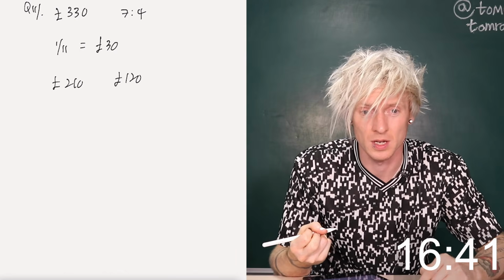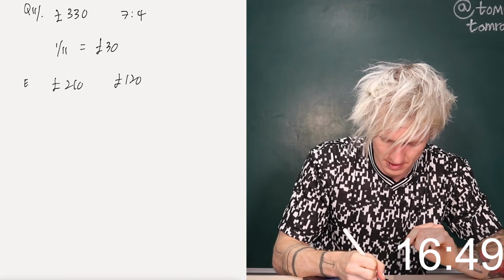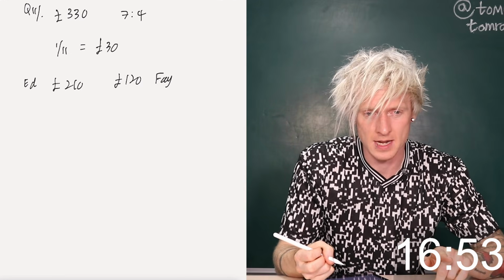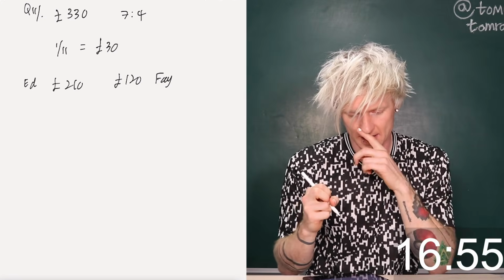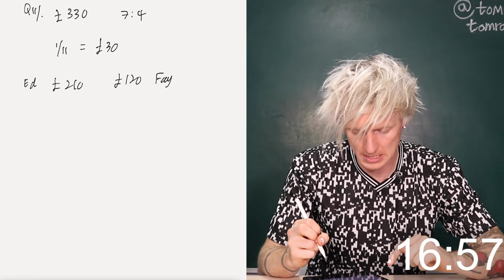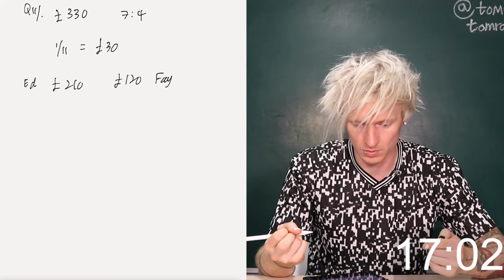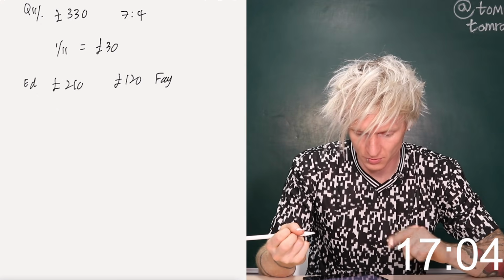Who gets the most? So I think Ed has the most money. I think, if I've possibly misunderstood the question, but I'm going with Ed has the 210, and that means that Faye has 120, and then Ed gives Faye some, so they have the same. So they need to end up with 165, because that would be half of the total. So therefore, Faye needs £45.